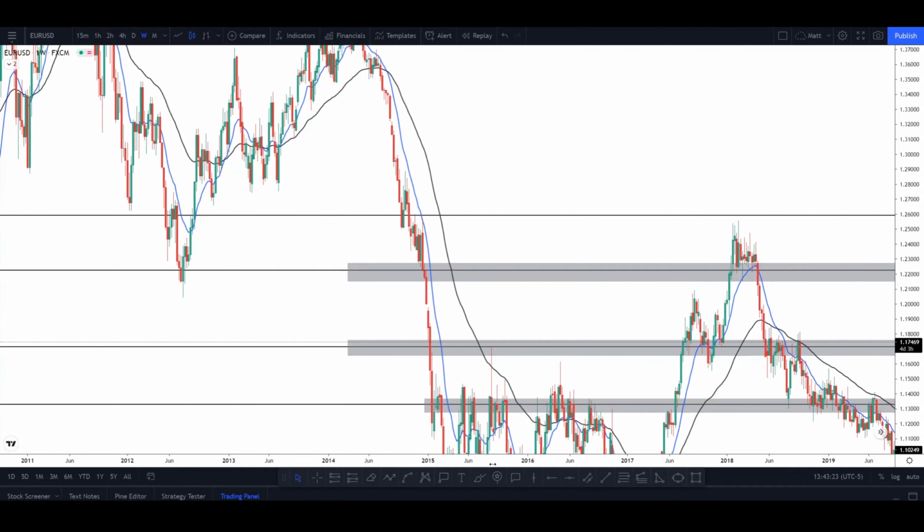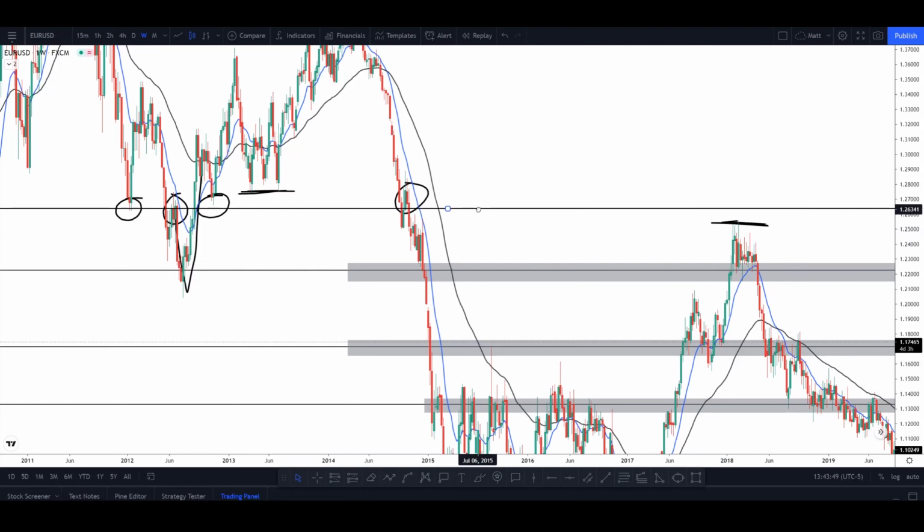Because if we look to the left, we see that this acted as support, price broke through, retested, this acted as resistance. We had this larger V formation, then it retested as support. This didn't quite reach this level, it's a bit further off, but we can see that this region was rejected as support. Once again, it broke through, became resistance, then over here became resistance.